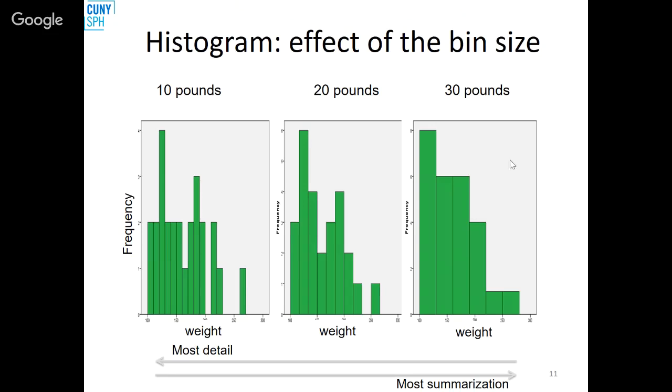Actually, one thing that's worth pointing out here, if you look at this one with the 20-pound bins, it almost looks like a bimodal distribution, like there are two different peaks in here. But in the 10-pound ones, this just looks like a blip and you don't see it at all with the larger one.